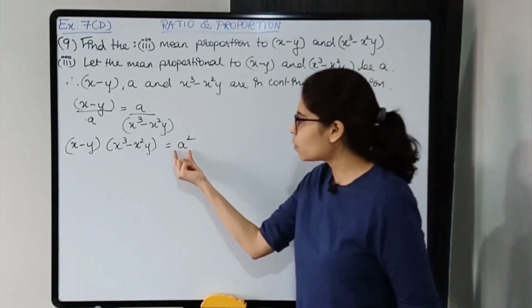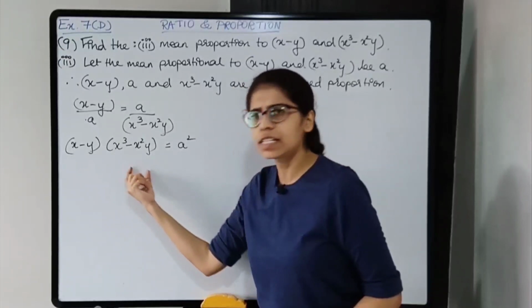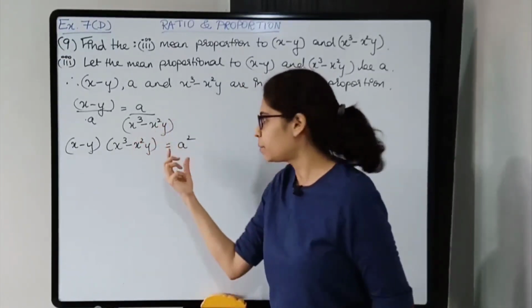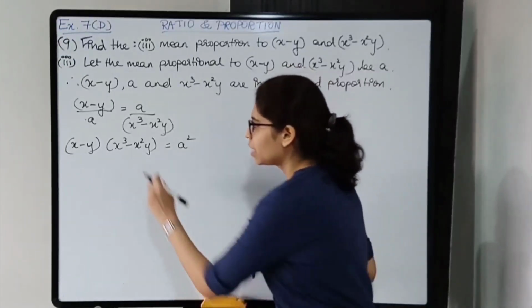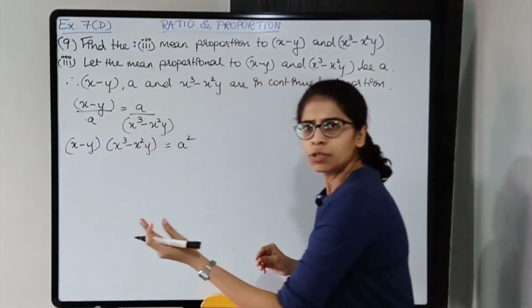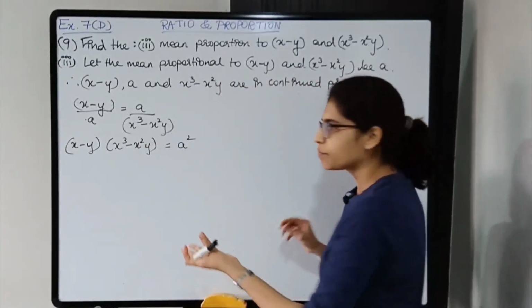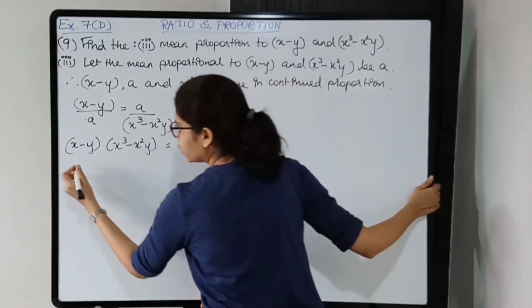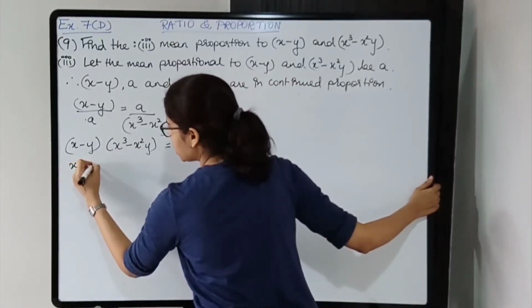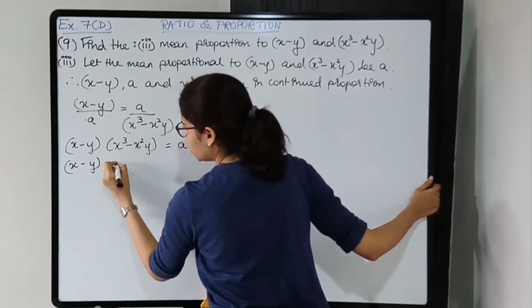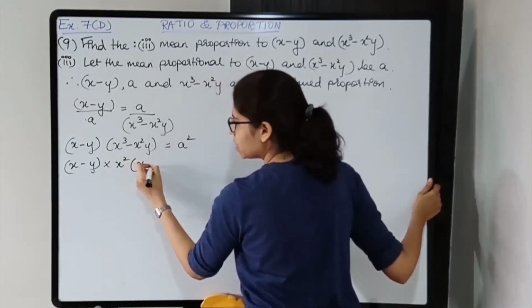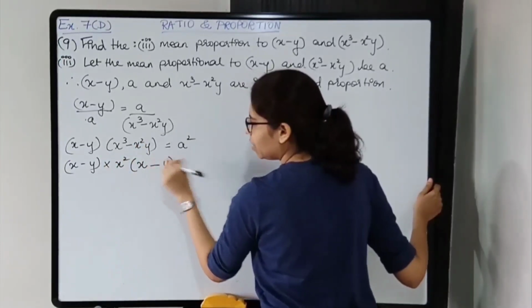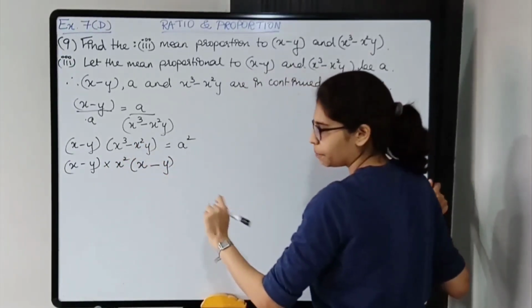ठीक है? तो यहाँ पे स्क्वायर है तो यहाँ पे मैं कुछ स्क्वायर कर सकती हूँ क्या? Think about that. Let's see. x square I can take common, so square. Okay, so let's take x square common over here. So x minus y as it is into x square common, into what will be left, only one x and here only y because x square went outside.